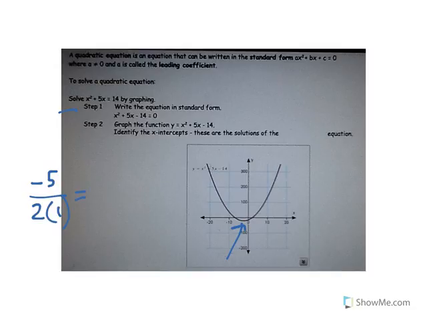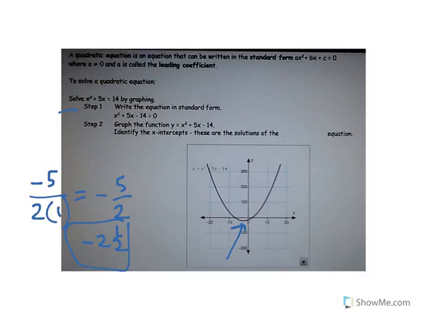So it's going to be negative 5 over 2, so it's going to be negative 2 1/2. That's going to be that trough point. That's going to be the line of reflection where that point is right there.